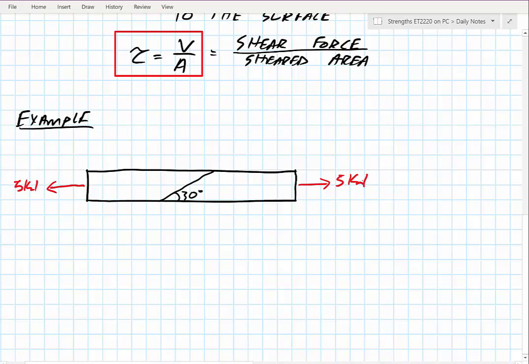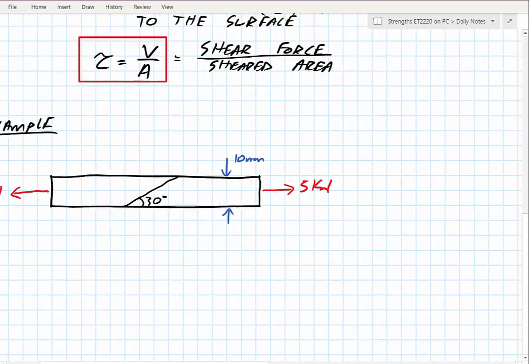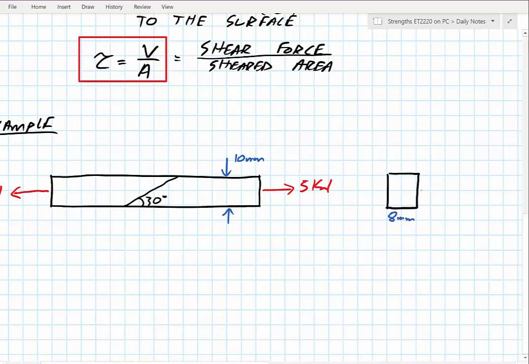Something like that. We also need to know some dimensions of this member, so we're going to say that this is 10 millimeters as far as a depth. And if I were to look at a cross section, what I would see is that it is 8 millimeters into the page. So this would still be the 10 millimeter side.